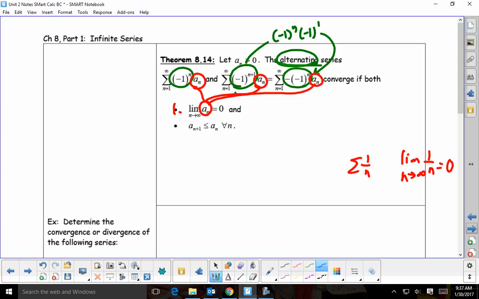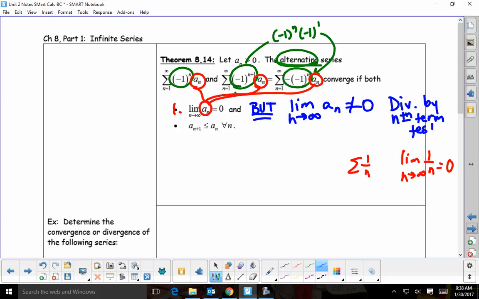However, this is a big but. If the limit of a sub n does not equal 0, what can I say? It diverges by the term test. So if the limit equals 0, we know nothing yet.